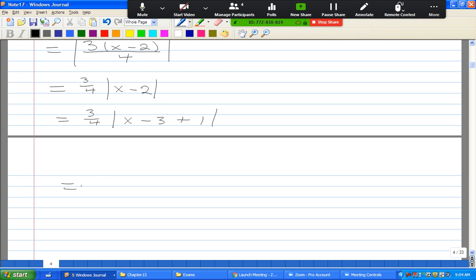And so this is equal to 3/4 of 1 plus x minus 3, all in absolute value. However, actually, let's make this look a little different.